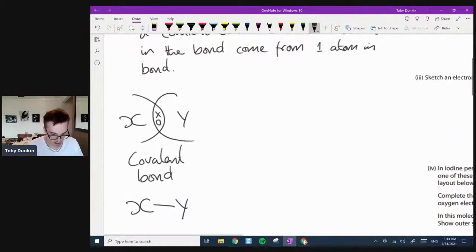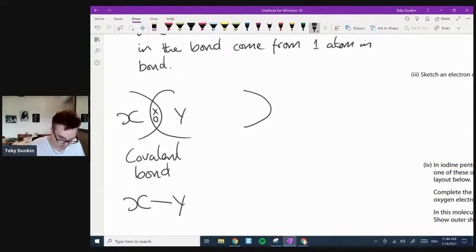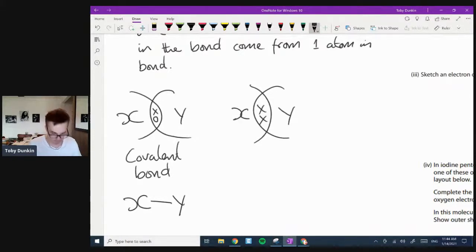But then a dative covalent bond is when both electrons have come from one of the atoms in the pair.